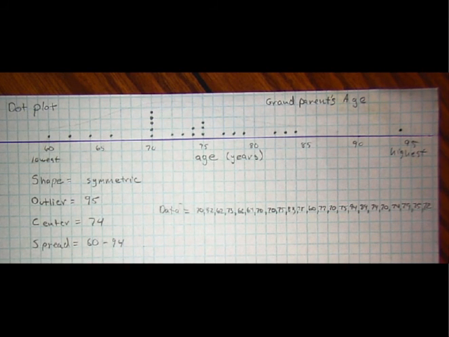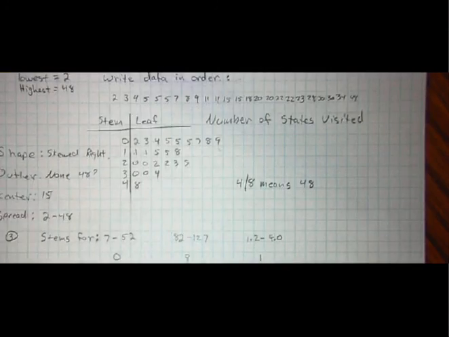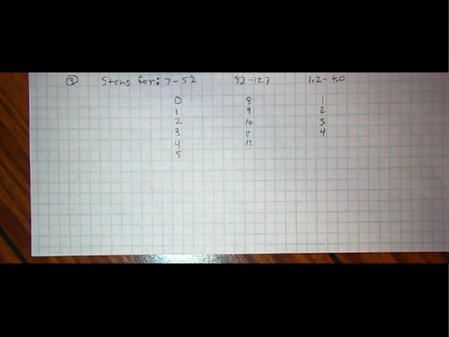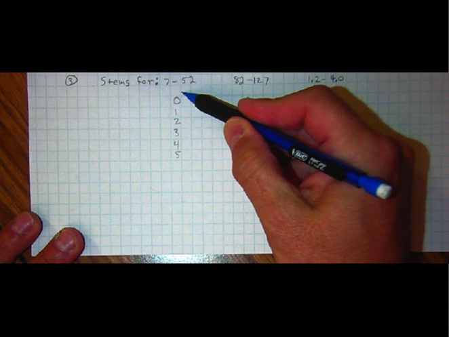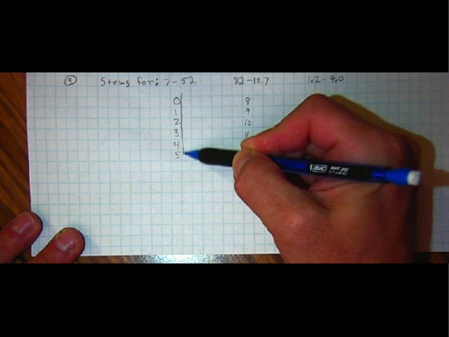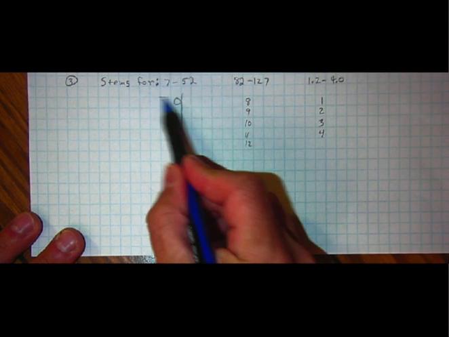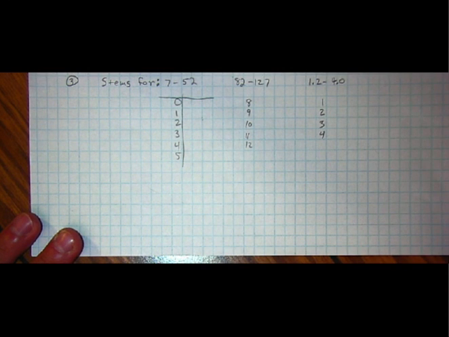The last thing that I'm going to want to do is take a look at some different stems. So if you had data that goes from 7 to 52, what would your stems be? Well, we would have to have a single digit, so the first stem would be 0, and then we'd have to go up to the 50s, so then I would go up to 5.